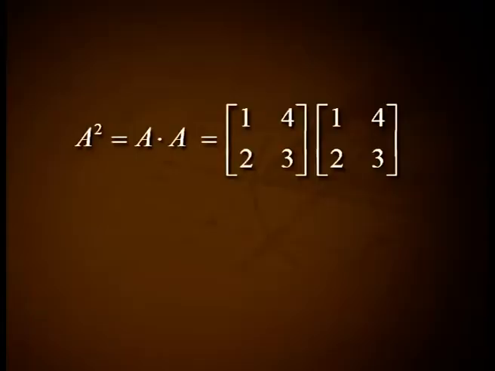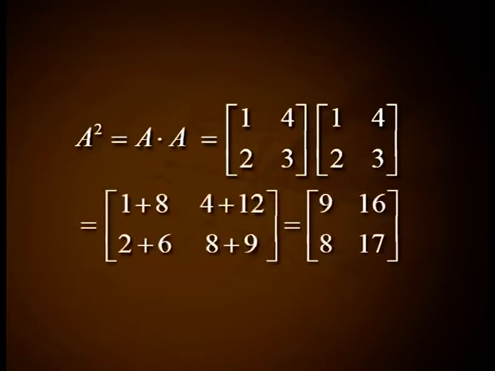Now, A² = A·A = [[1, 4], [2, 3]]·[[1, 4], [2, 3]] = [[1+8, 4+12], [2+6, 8+9]] = [[9, 16], [8, 17]].